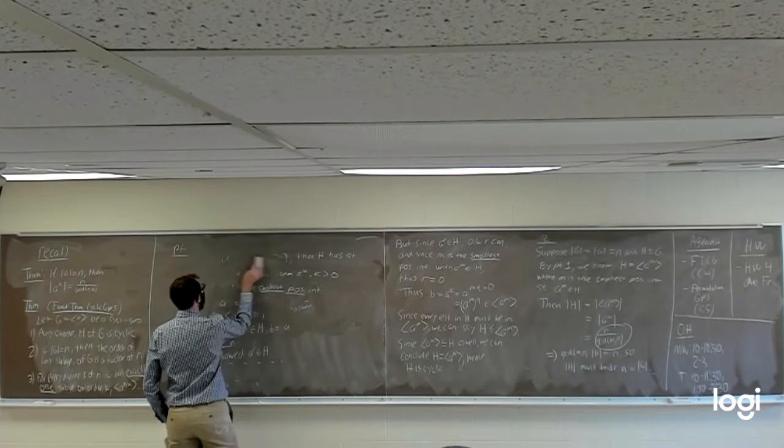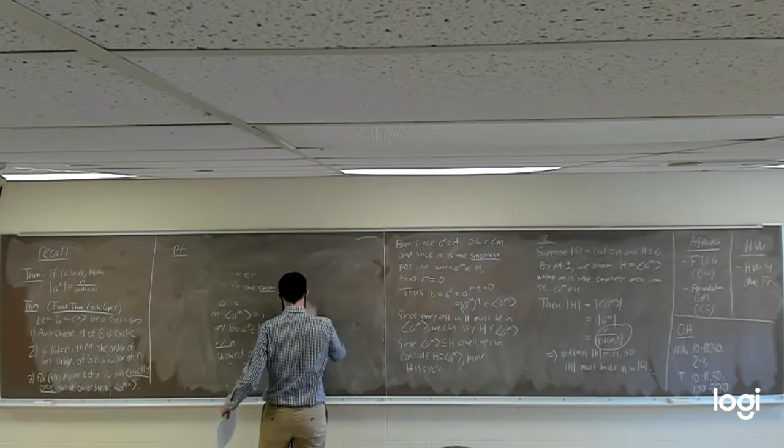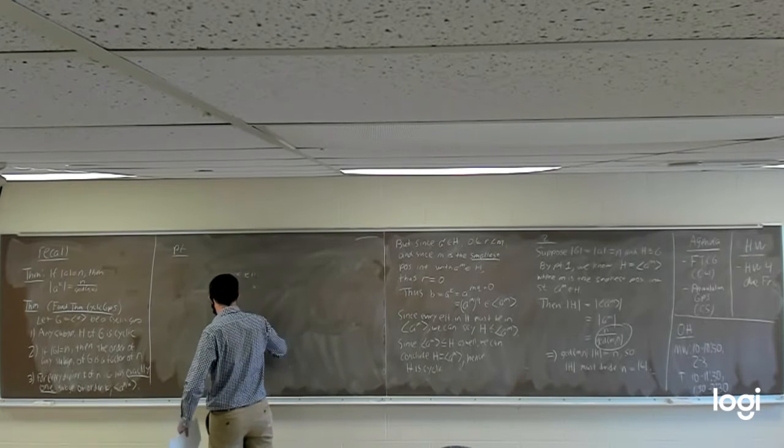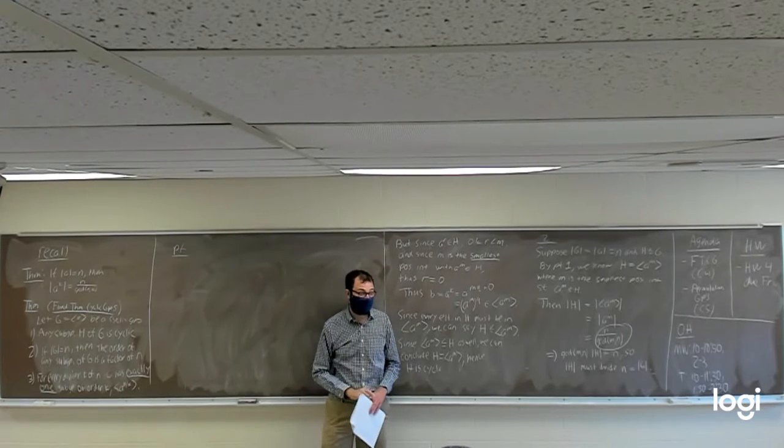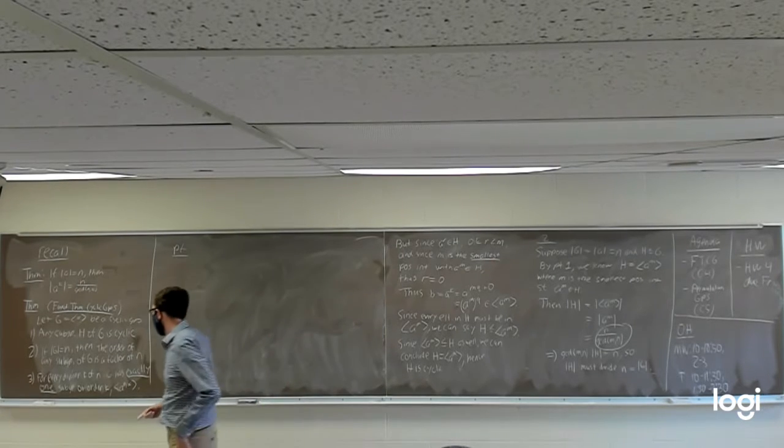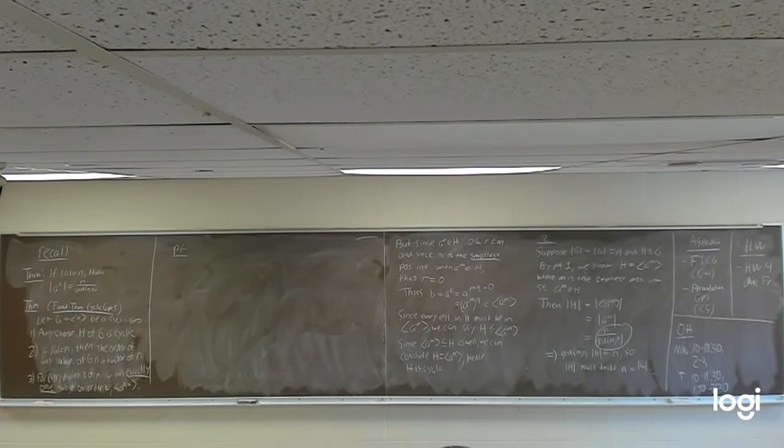Okay, so we've proven parts 1 and 2. Now we just need to prove part 3. Part 3 says, for every divisor k of n, G has exactly one subgroup of order k, namely the group generated by a to the n over k. So we need to prove two different things here.